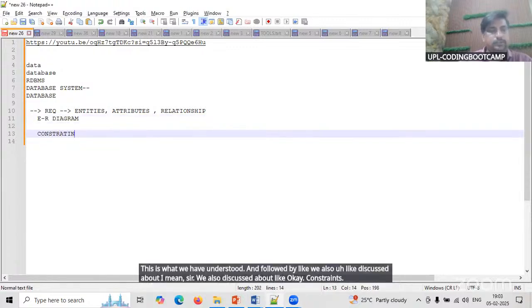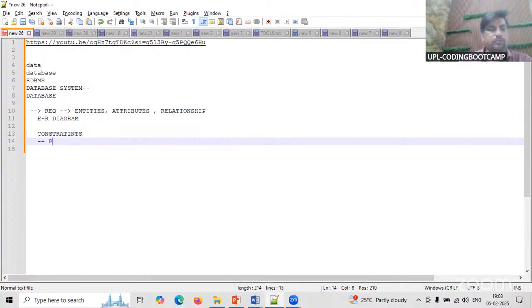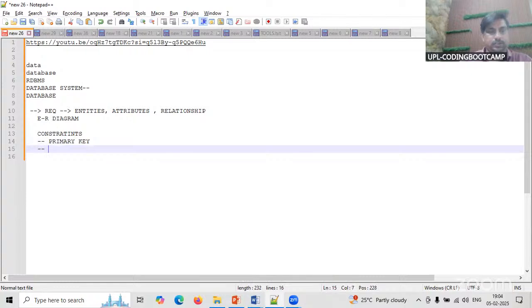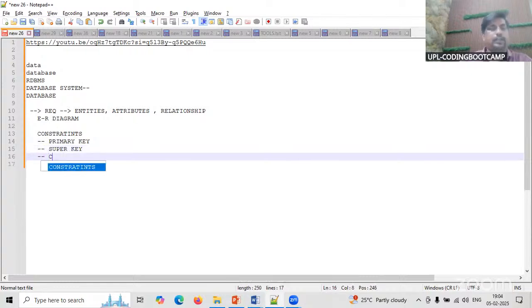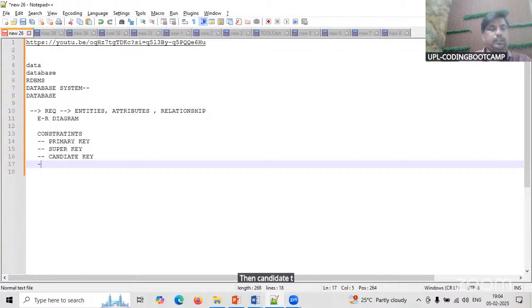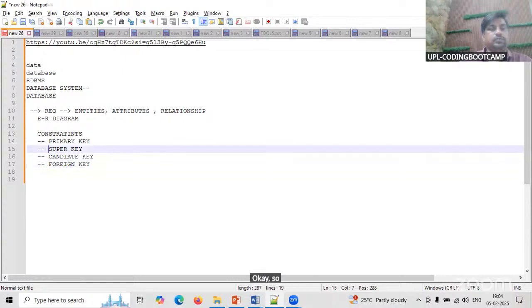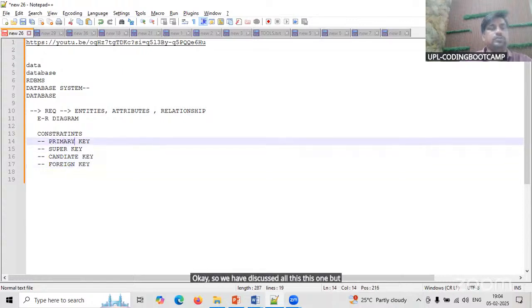constraints. So there we discussed about primary key and super key, then candidate key. Okay, foreign key. So we have discussed all this, but prominently we use this.